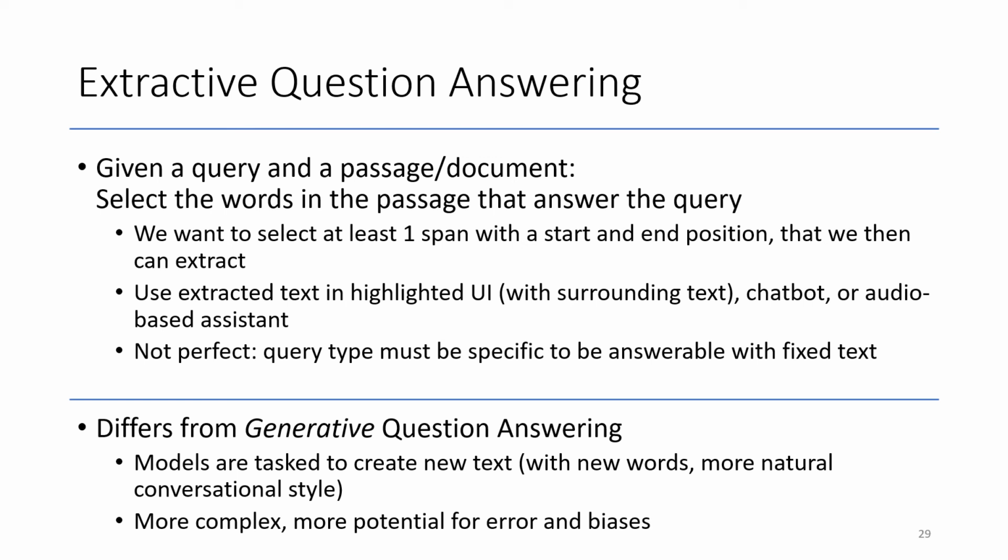To solve the rest of the queries, we can use generative question answering, where the models are tasked to create new text with new words and a more natural conversational style, which of course is more complex, and the potential for errors and biases because we generate new text is also higher. So in this lecture, we're going to focus on extractive QA.